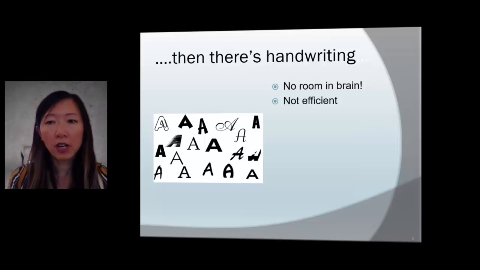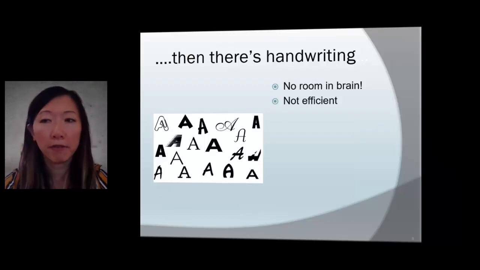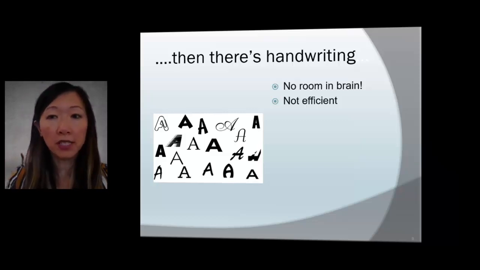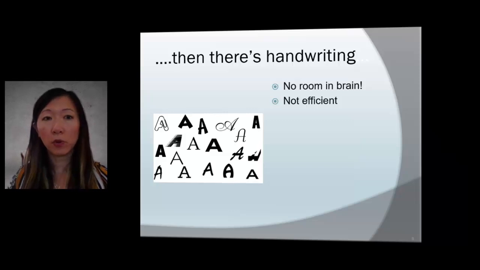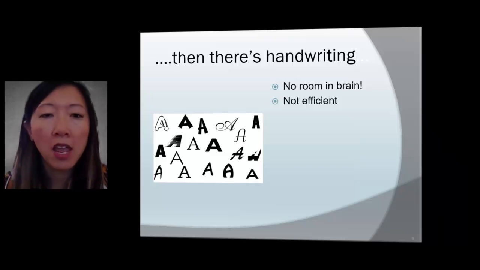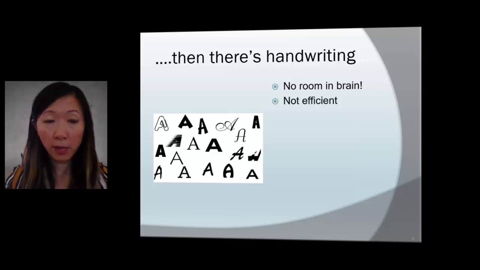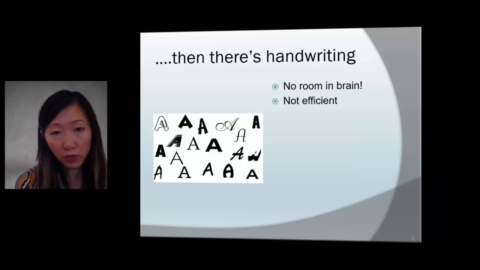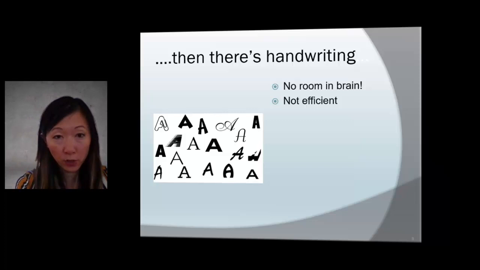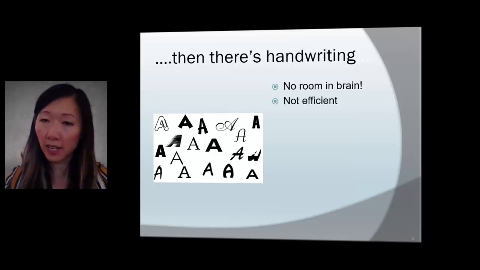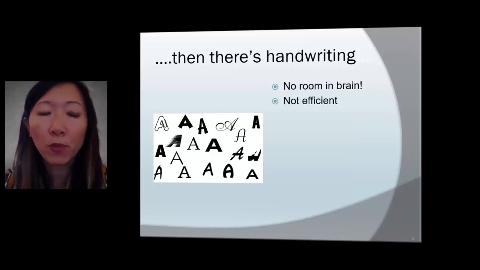Another example of the problem with this theory is handwriting. If you look at the box here, I think we can all agree that those are the letter A. But if you look at the little pieces of each A, they're different. So if the template theory is true, and we don't have an A that matches one of these A's, then we don't recognize it.